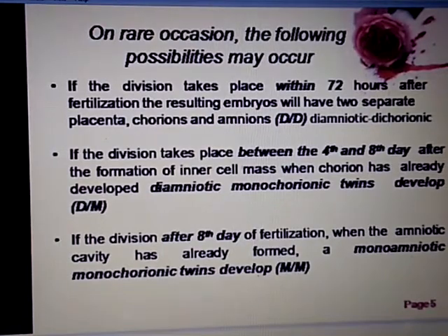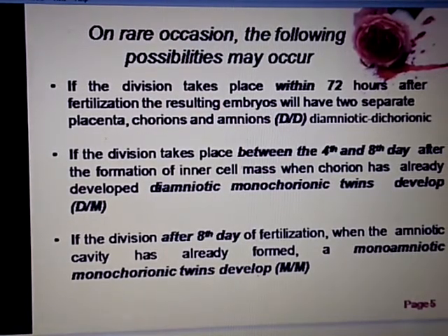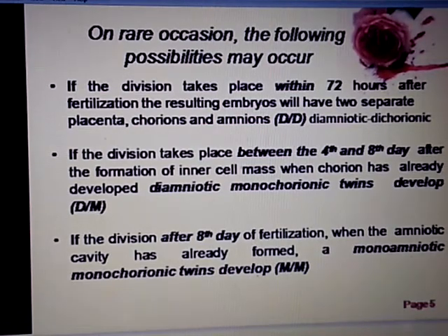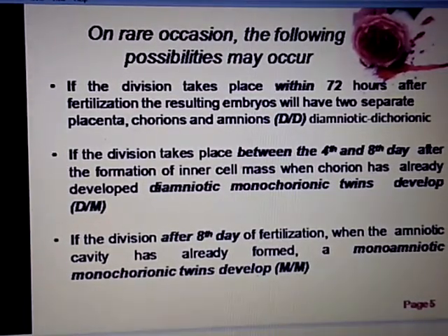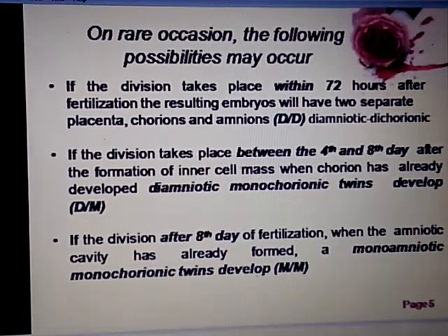If the division takes place between the 4th and 8th day after formation of the inner cell mass, the chorion has already developed, so this type is known as diamniotic monochorionic twins. If the division occurs after the 8th day of fertilization, the amniotic cavity is already formed, so monoamniotic monochorionic twins may develop.